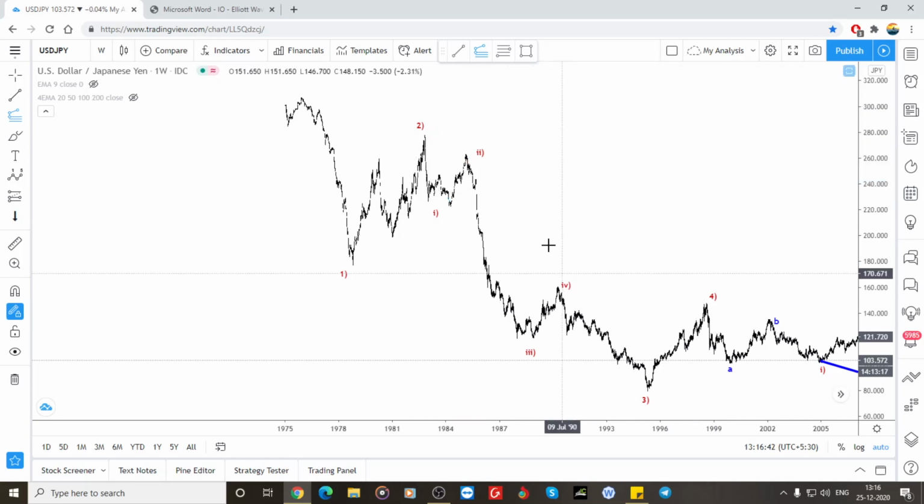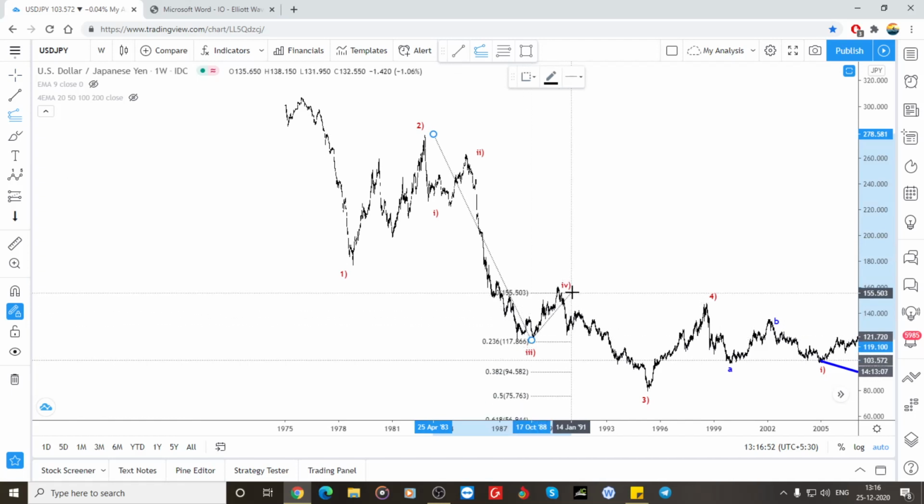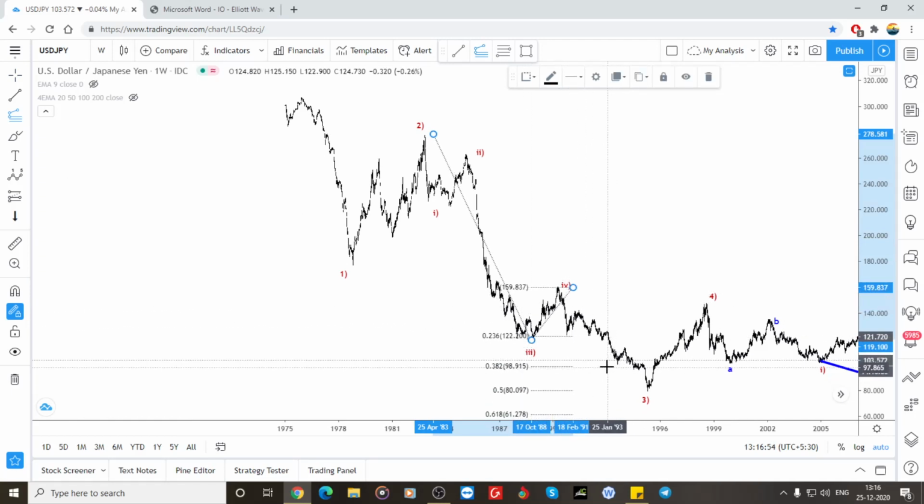And what is the target I said? It's a 0 to 3. Here is 0 to the third, to the rejection fourth. You may get the 38.2 or 61.8. So it is completed here, the 38.2 within the 50%.